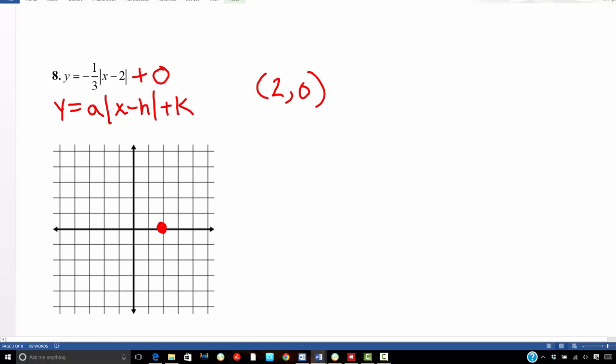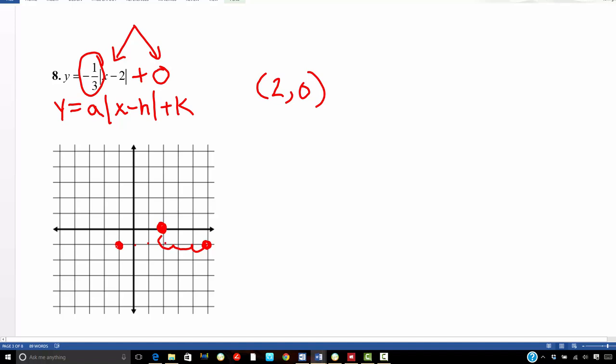Recognize that it's a negative, our number out front, so this is going to be an upside down V. And to find additional points, we can just go down 1, right 3, or down 1, left 3.